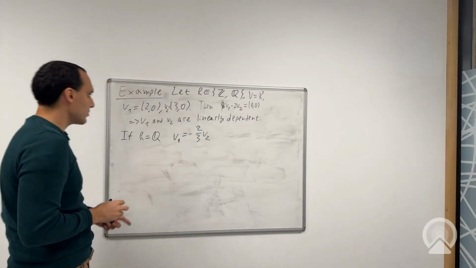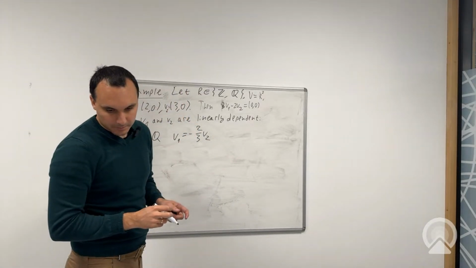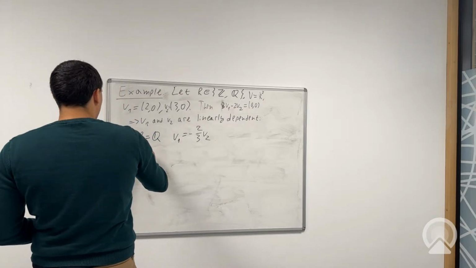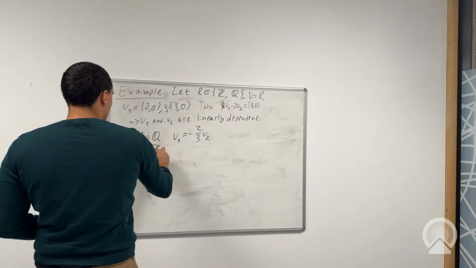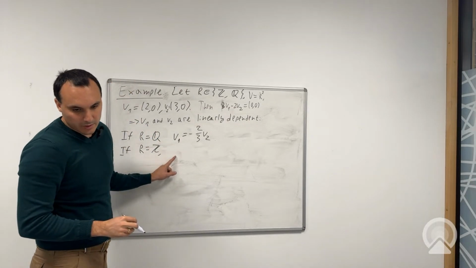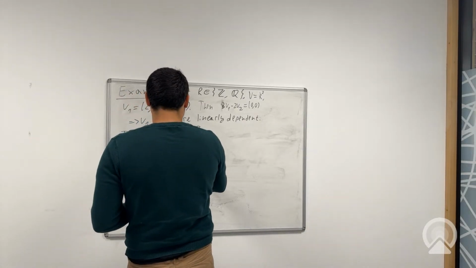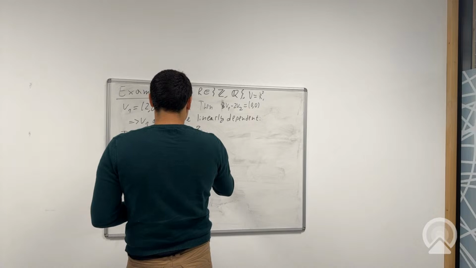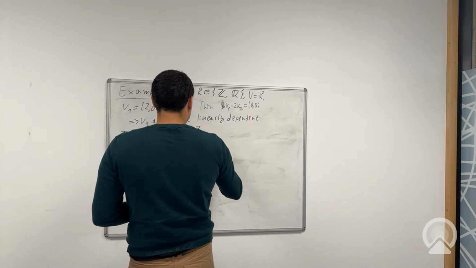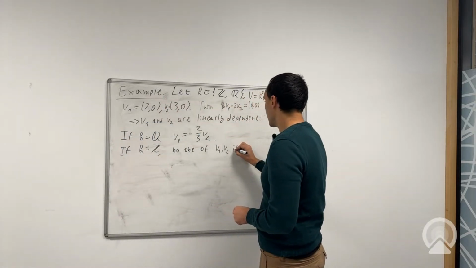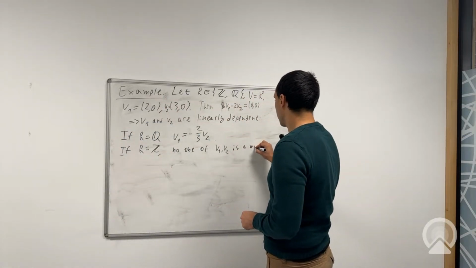However, if R equals Z, then neither of these two vectors V1, V2 is a multiple of the other.